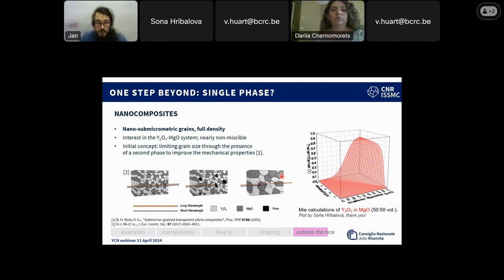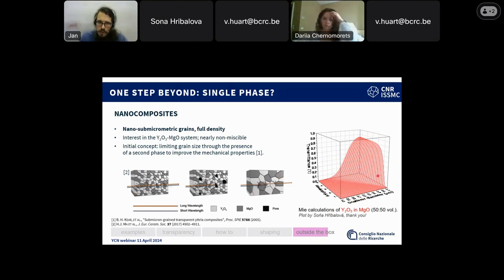And here we see the influence of porosity on optical properties, and with an increase in porosity, we can see deterioration of optical properties. That's why it's important to follow all these requirements.